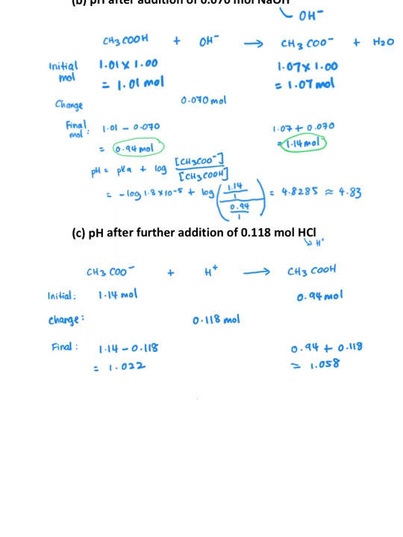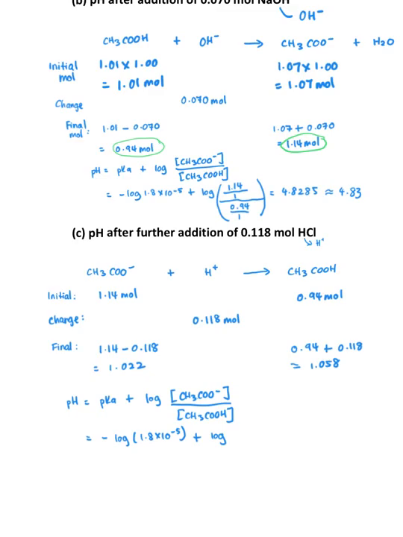So with these values, we can now sub them into the Henderson-Hasselbalch equation to get the pH. Again, the volume is 1 liter.